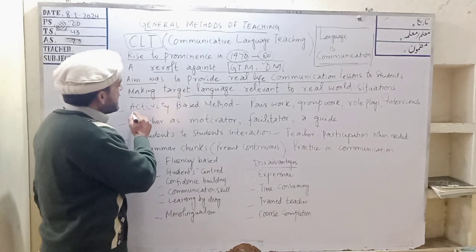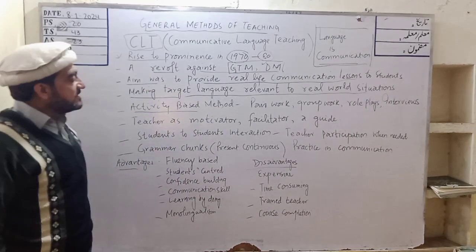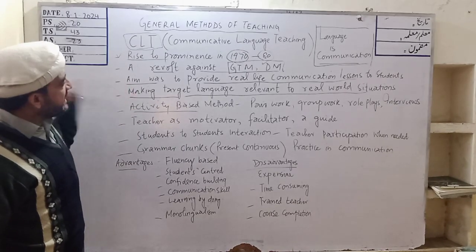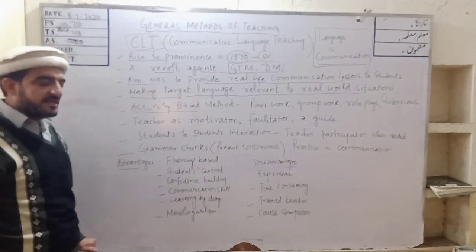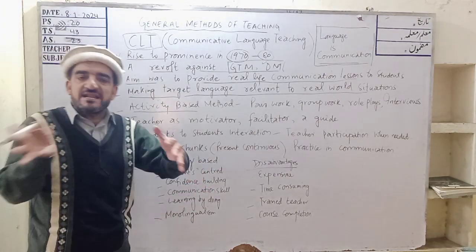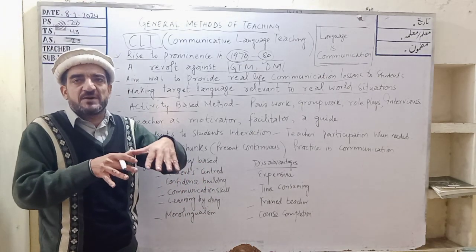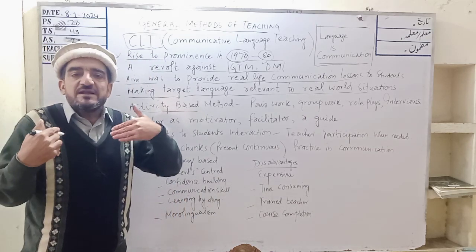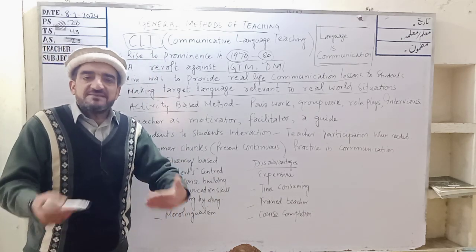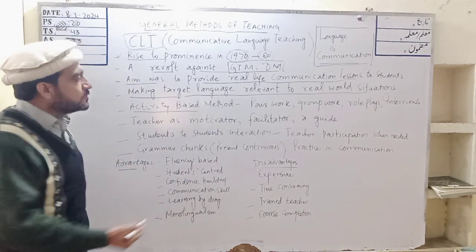It is also known as the activity-based method. Activity-based method is the method in which the learners are involved in the performance of various activities by using language as a communication tool.